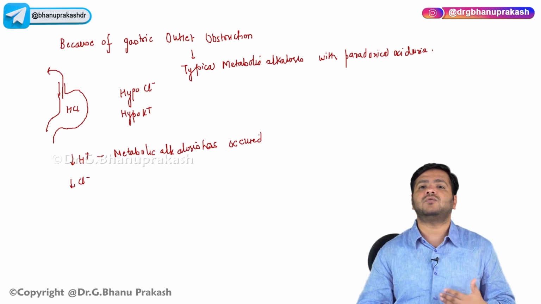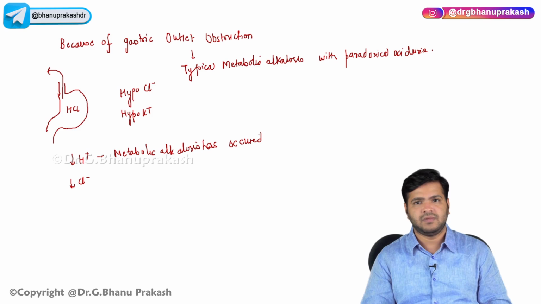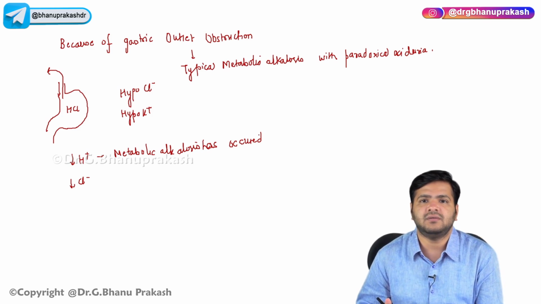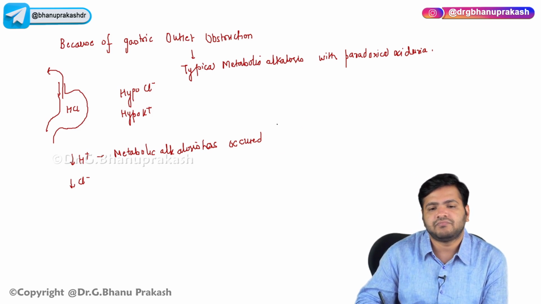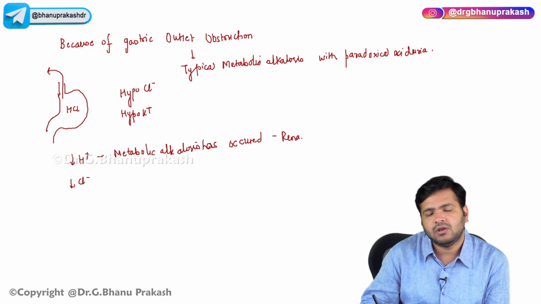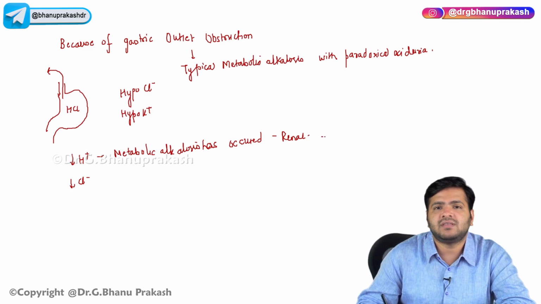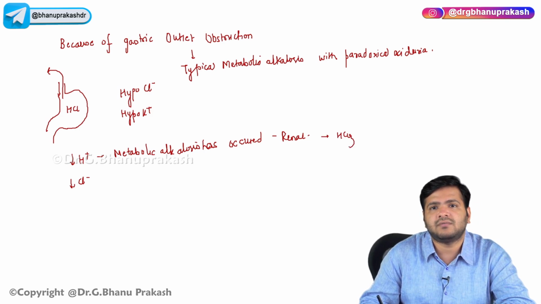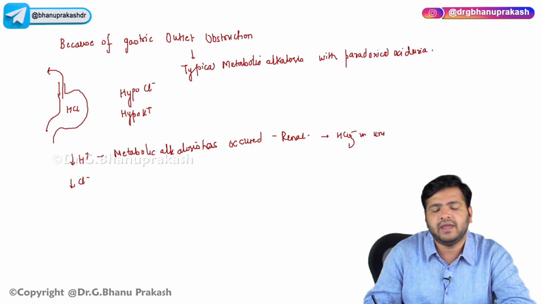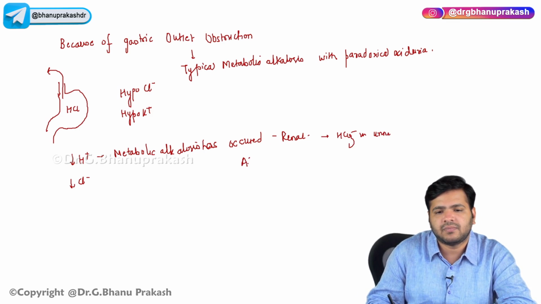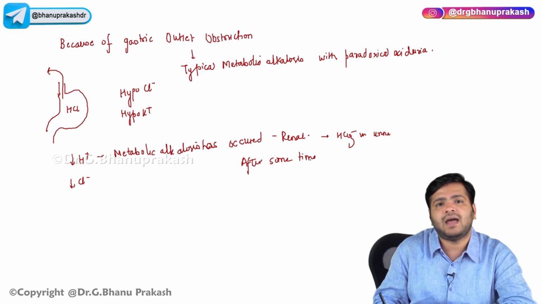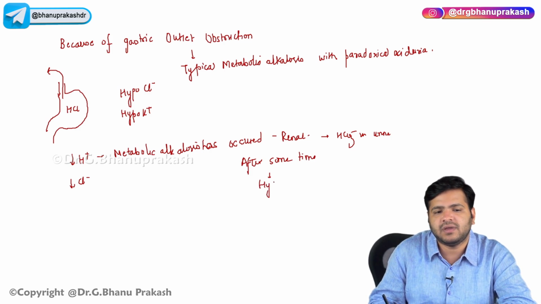So it will undergo renal compensation, right? Renal compensation will be there, right? Now what the renal will do, they will start secreting HCO3, that is bicarbonate, in the urine, right? After some time, what will happen? There will be hyponatremia in the body.